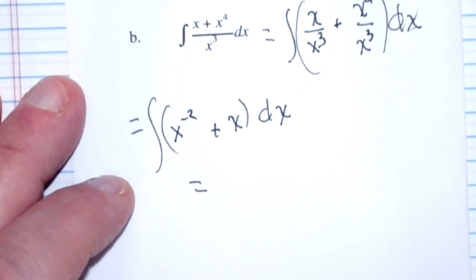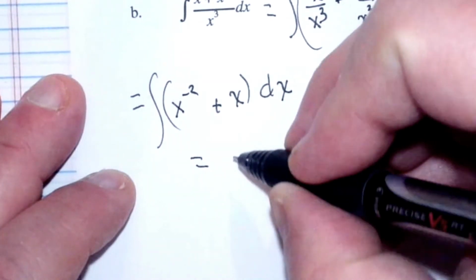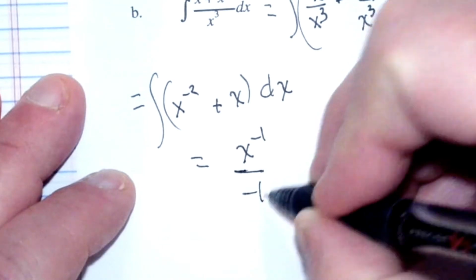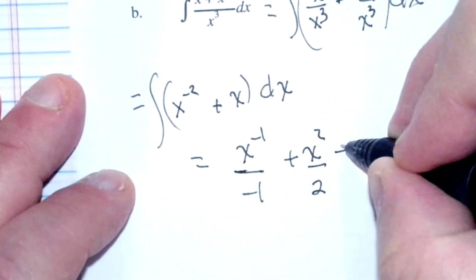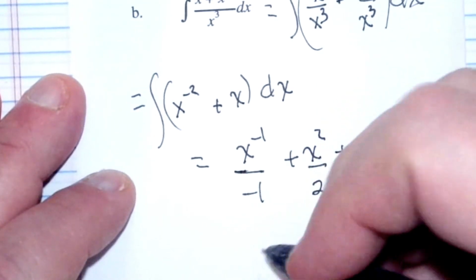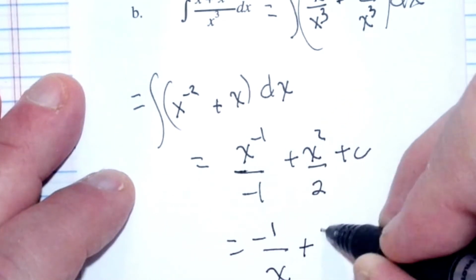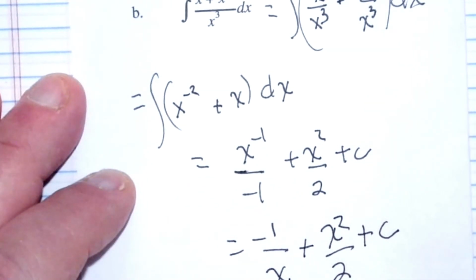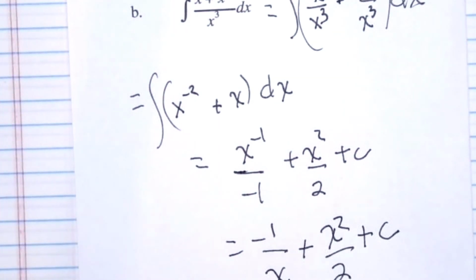And now we can use the power rule and the sum rule and get x to the minus 1 over minus 1 plus x squared over 2 plus c. And I'm going to rewrite that as negative 1 over x plus x squared over 2. If you feel strongly, you can find a common denominator and combine these into a single fraction.